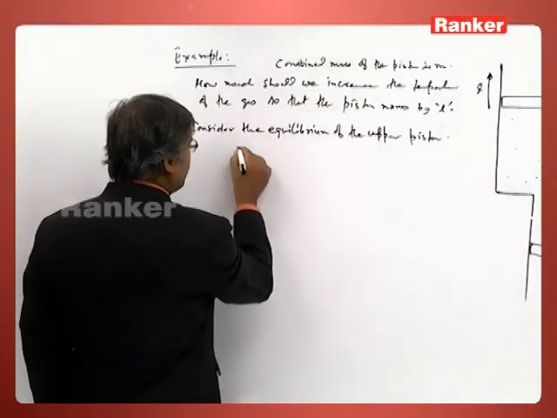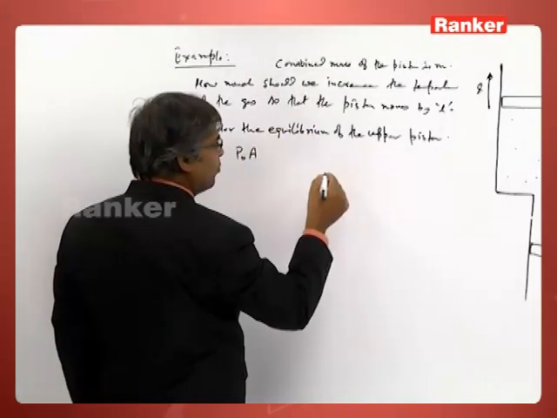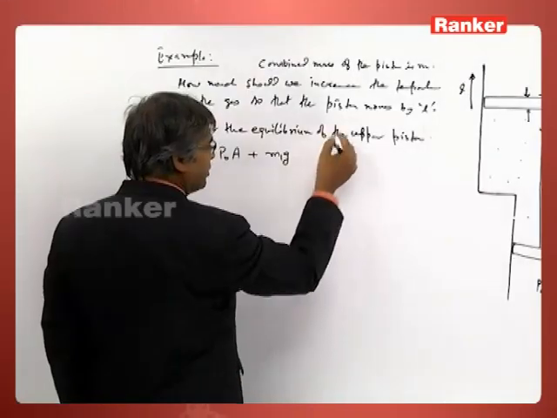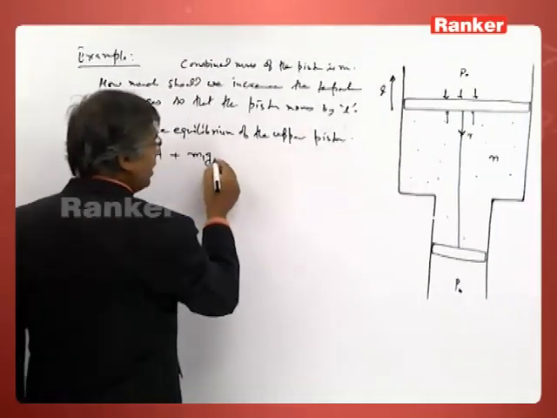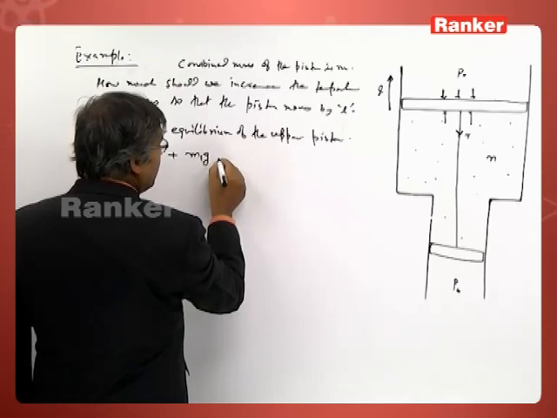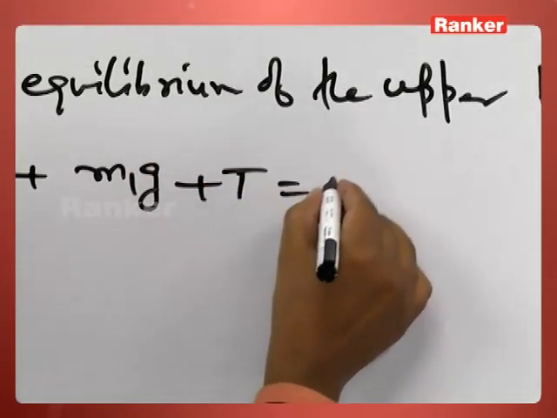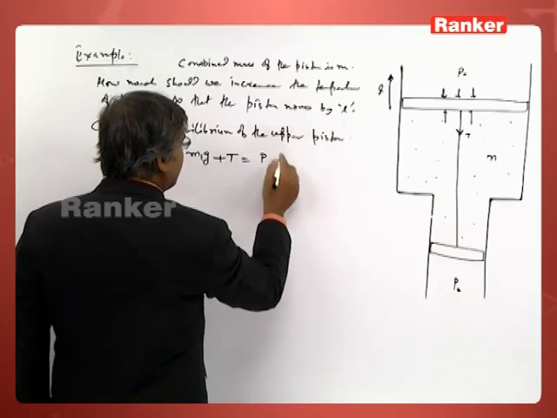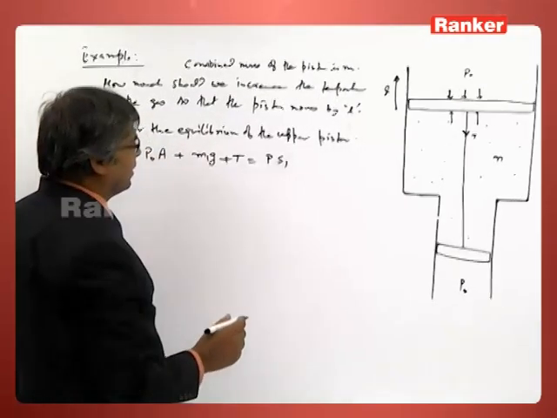The total upward force is P naught A, plus M1G, the weight of this piston, downward, plus tension, is equal to P into S1. S1 is the area of the upper piston.